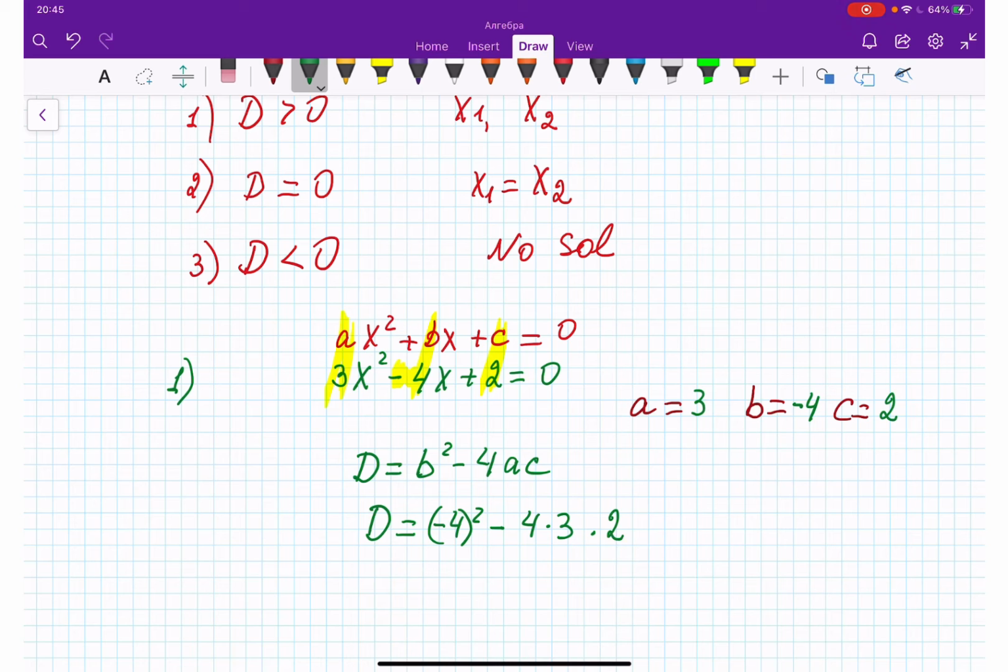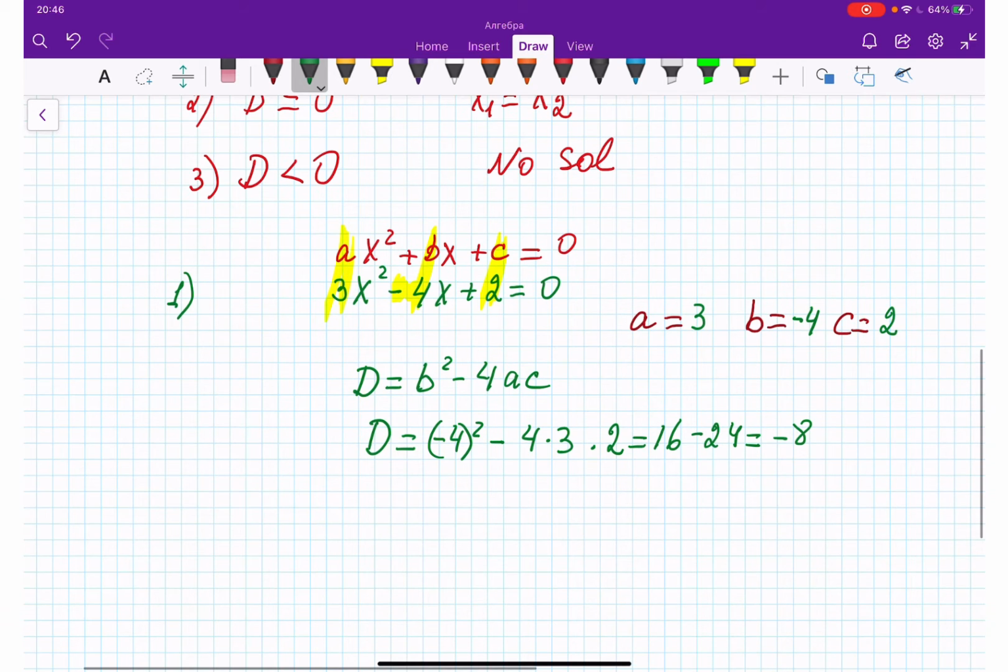And we have 16 minus 24, which is equal to negative 8. So from here we have that the discriminant is less than 0.